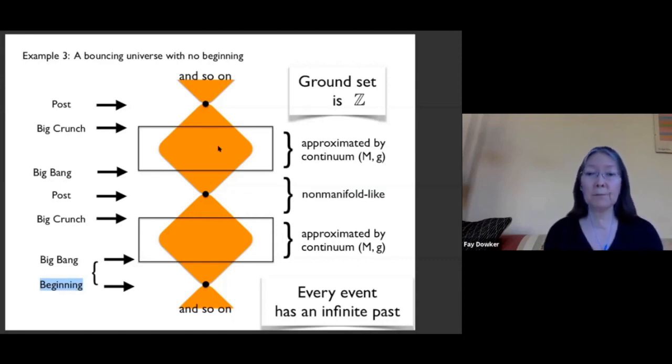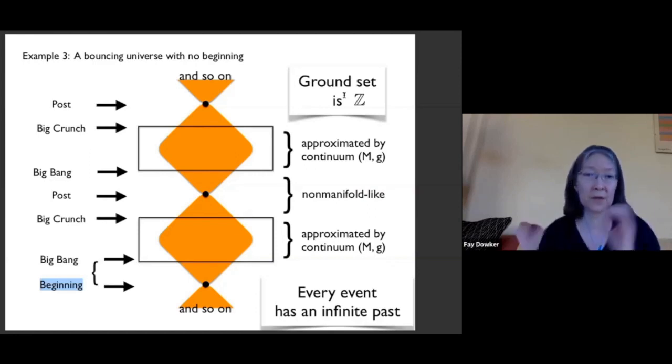So in this case, every event has an infinite past. However, in this case, the ground set is Z. However, it's not the case that those are synonymous. There can be causal sets whose ground set is Z, but in which every event doesn't have an infinite past. So for example, you could just have an infinite anti-chain.